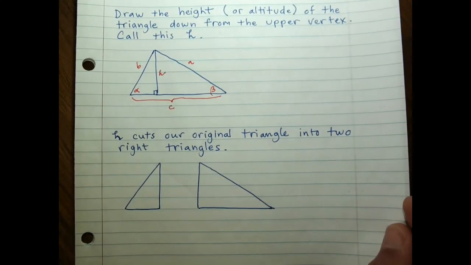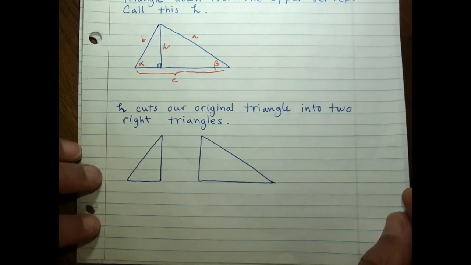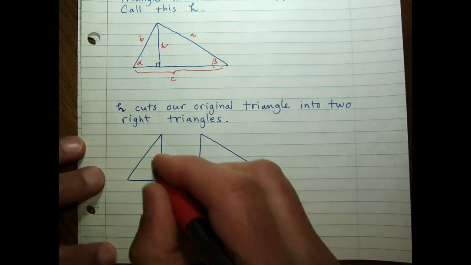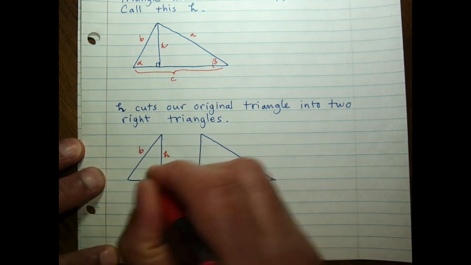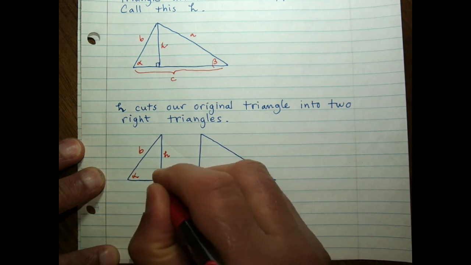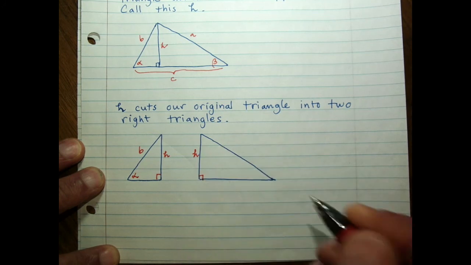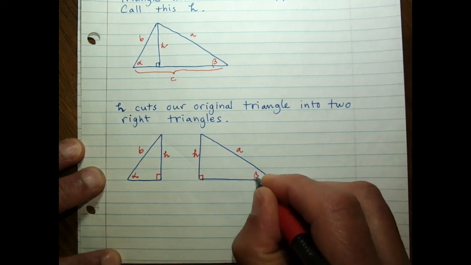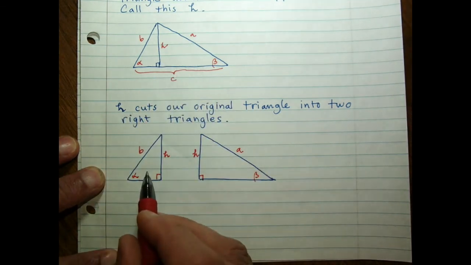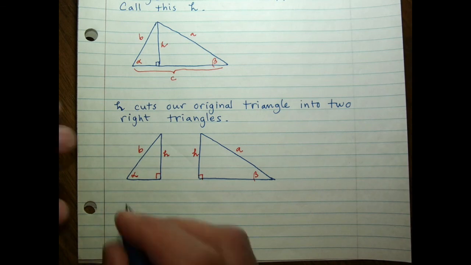What we want to notice is that h cuts our original triangle into two right triangles. We have b here, h here, angle alpha here, a right angle here, h here, side a here, and angle beta here. I'm copying from the picture above. We've split into two parts.